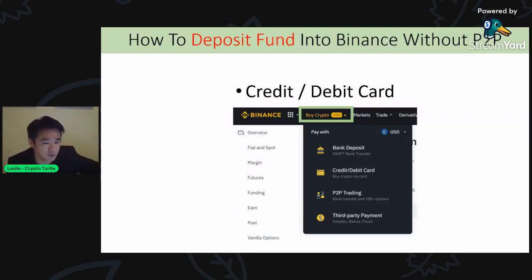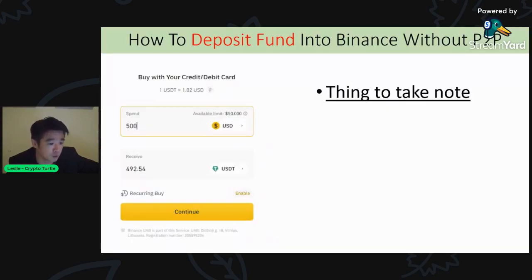After which just click on credit or debit card, and then you will see this page popping up. What you need to do is key in the amount that you want to buy, then continue and check out as you would when you buy something with a credit card, like online shopping and all that. So it's not much of a difference.